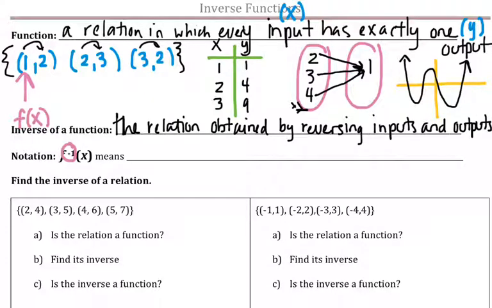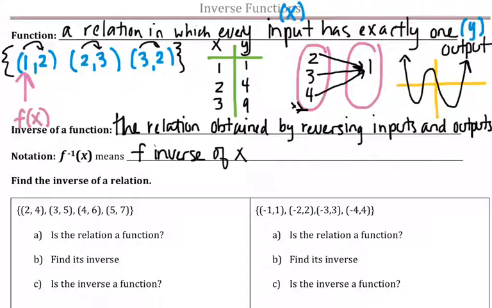The inverse of a function can be written as f with the little -1. The way we read it is f inverse of x. So that's basically just the inverse of the function.